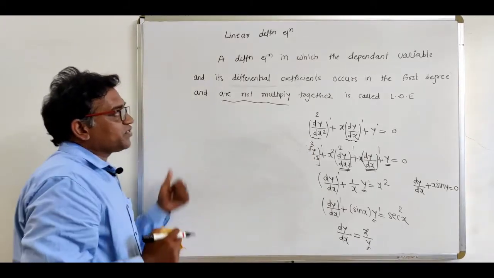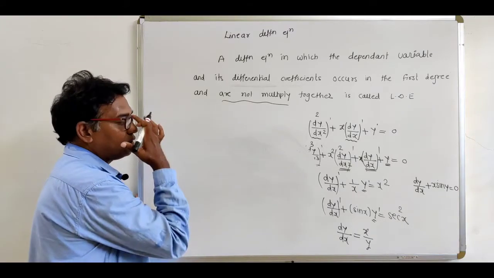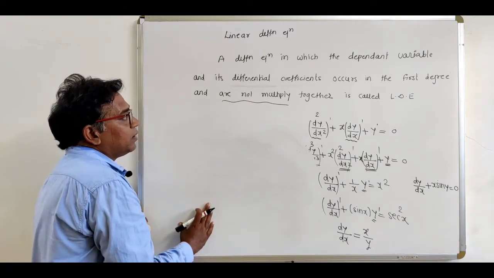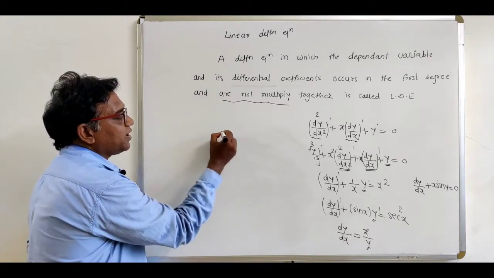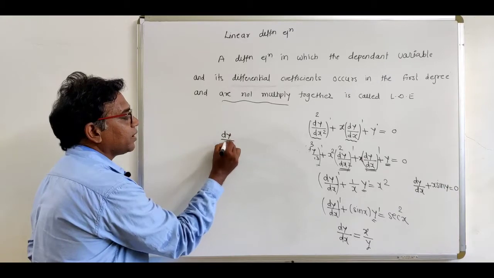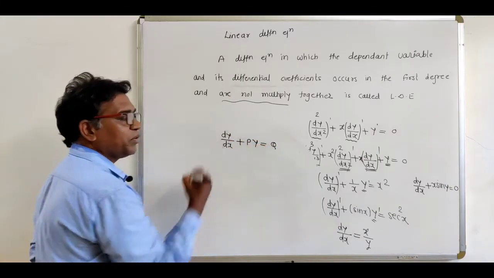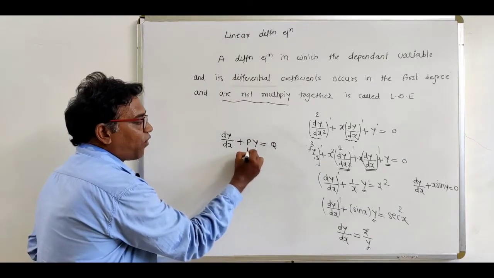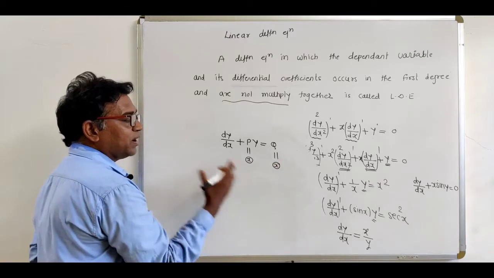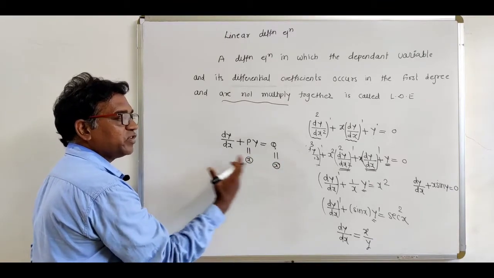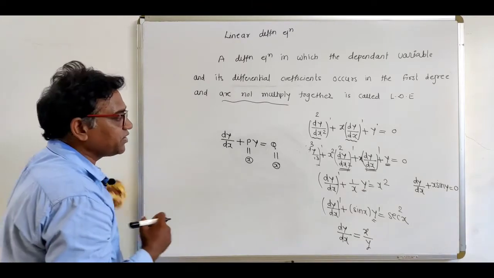Now we give a different definition of linear differential equation of first order and first degree. Now see what is the definition. A differential equation of the type dy by dx plus p into y is equal to q, where p and q are functions of x alone, is called a linear differential equation.